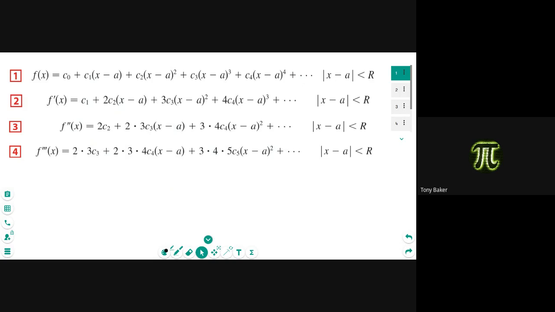So in essence, these pieces end up becoming a factorial. My coefficient of whatever the nth term is n factorial. Oh, sorry. Right. It's n factorial c to the n, and that's whatever my c is going to be.